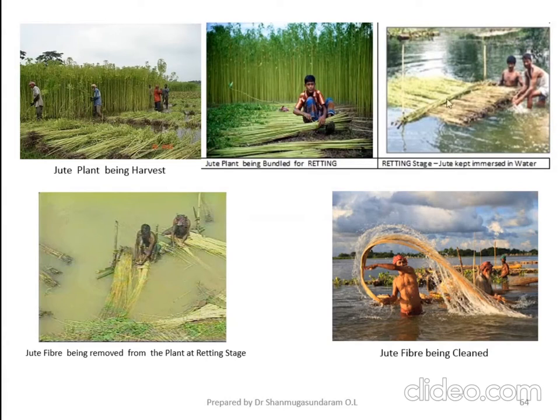The extraction of fiber from the plant, here it is stagnant water retting. Please look at the figure, then you will come to know how the harvesting takes place, how the bundling takes place, how the retting process takes place, and finally the cleaning of your jute fiber takes place.